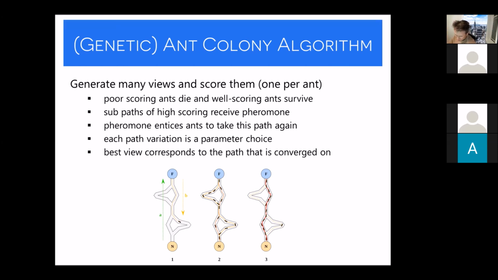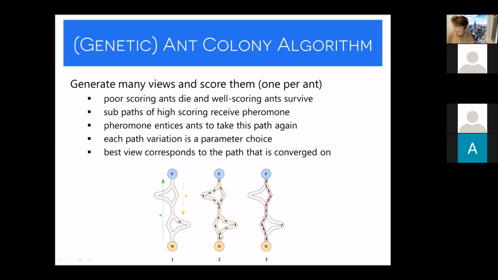So the way this works is basically as ants go to the food and come back, they make choices at different junctions. One goes this way, one goes this way. And every time it makes this choice, it leaves a little bit of something called pheromone. That starts to evaporate over time.